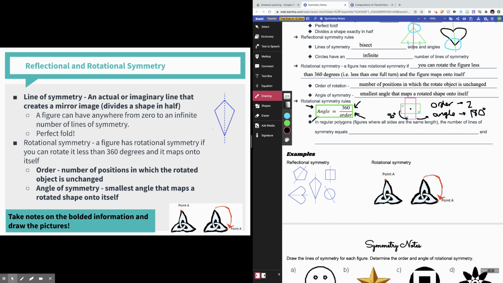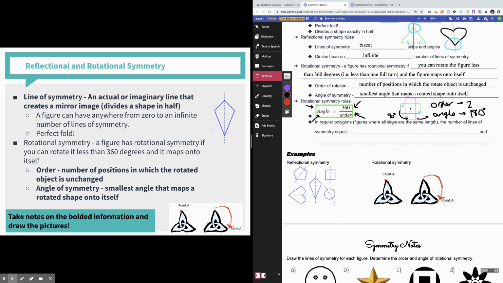If I want to know the angle of rotation, the angle of symmetry, I have to take 360, which is one full turn, and divide it by the order of rotation, or how many turns I'm doing, in order to get the angle of rotation. To take the full number of degrees, divide by how many turns you have to rotate it, and that will give you how many degrees you have to rotate each time.